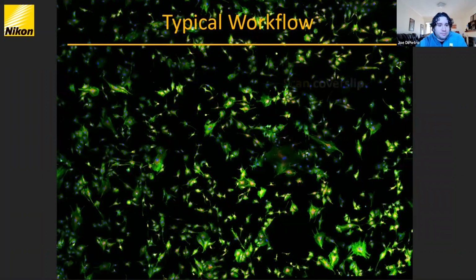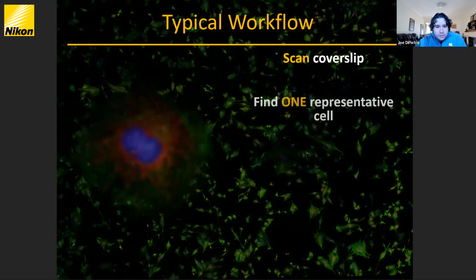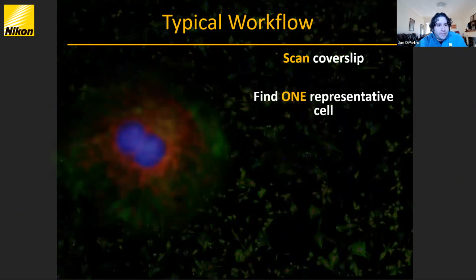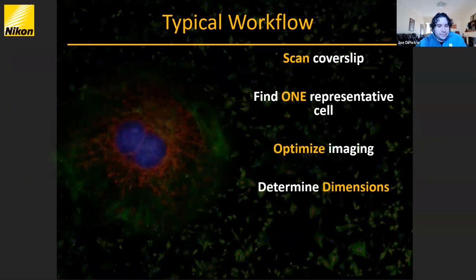So how would you do this? Well, maybe you scan the cover slip. This is probably what a lot of you do all the time, right? You put your sample on, you scan around the cover slip or around the dish. Oh, there's a cell that I'm interested in. Well, I have to optimize it.